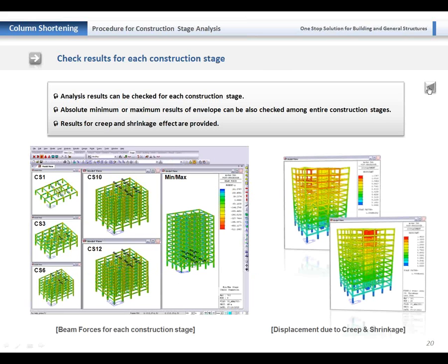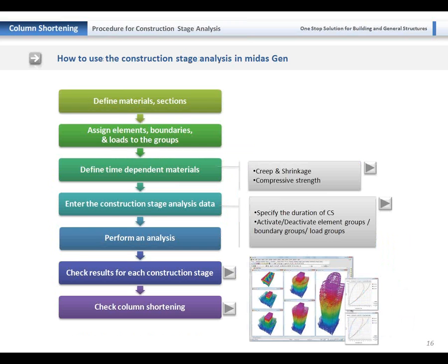Go back to the chart again. After defining the construction stage data, we perform an analysis, and then we check the results. For the results, we can check each construction stage.